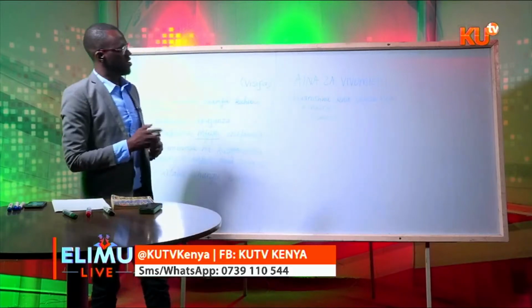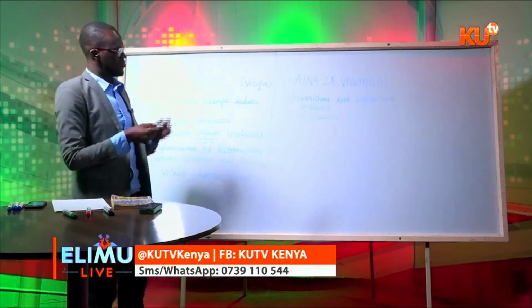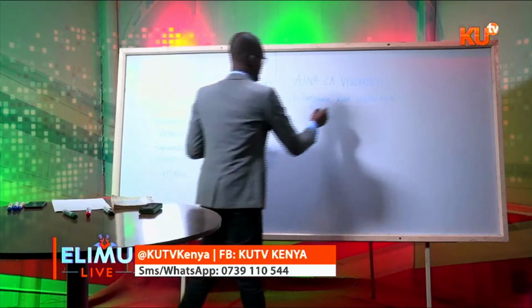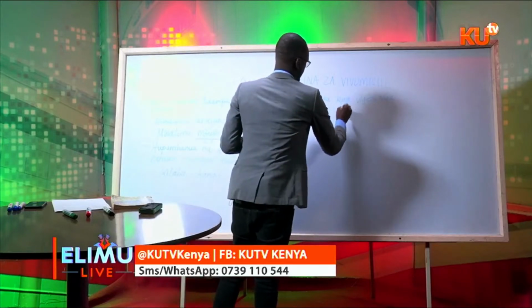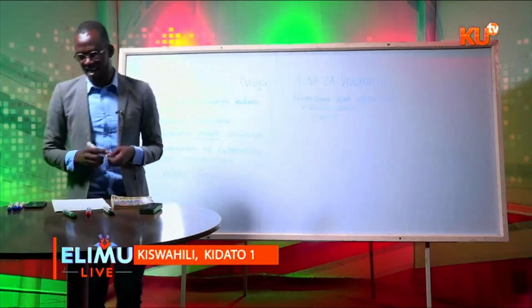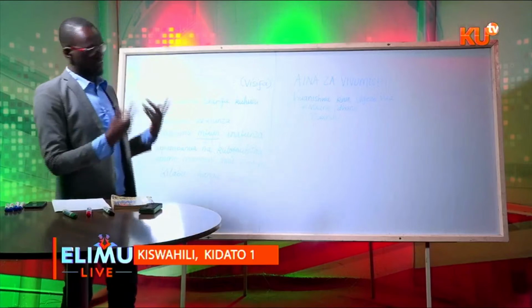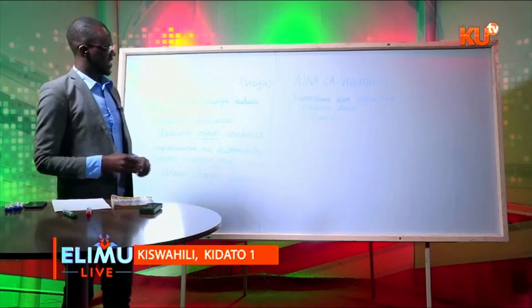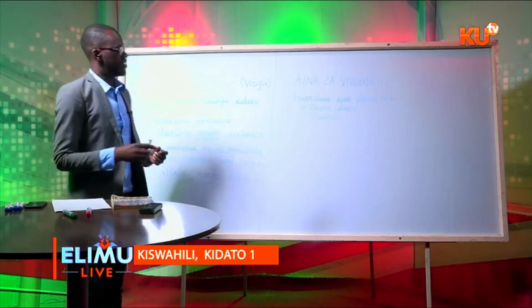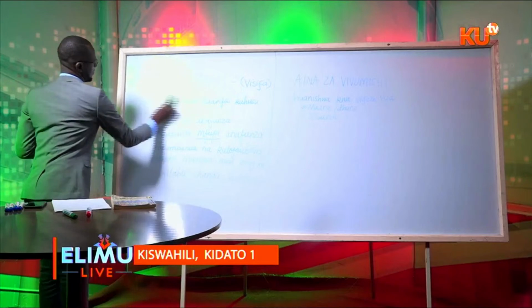Kwa hivyo tutaainisha vivumishi kwa vigezo hivi: dhana, maana, kimuundo. Ama tuseme dhana inatoa dhana gani? Kivumishi basi kinatoa dhana gani ili tuweze kuelewa maana yake. Kivumishi cha kwanza ambacho tutajifunza leo ni kivumishi cha sifa.